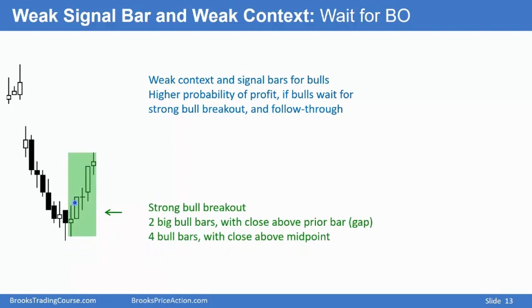Bull bar closing on its high, bad follow through, but still not a bear bar. Bull bar closing on its high, another bull bar. This is a strong enough reversal up so that even if we sell off again, the worst that the bulls probably get is the trading range, which means even if we sell off again, we'll probably come back to this level. Now it's okay to buy closes or buy a pullback.